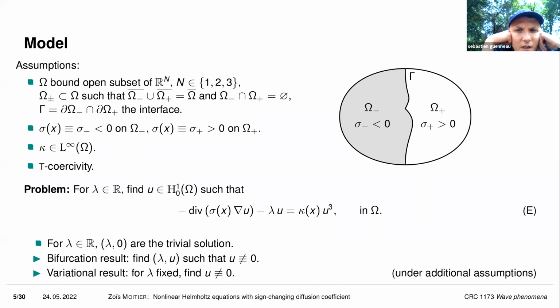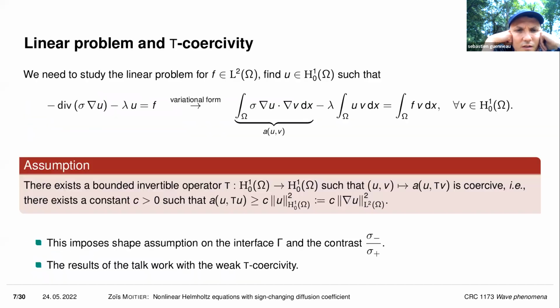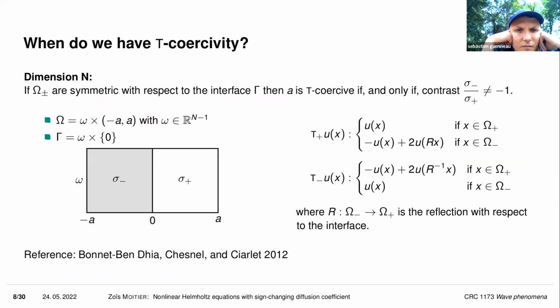Okay, interesting. Besides that, I'm not too sure about the regularity of gamma, the interface. This is hidden in the T-coercivity property. Can we review it again then? If the interface is smooth, you don't have any issue.